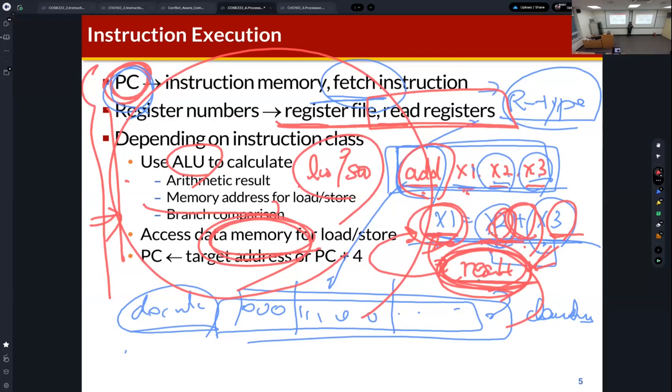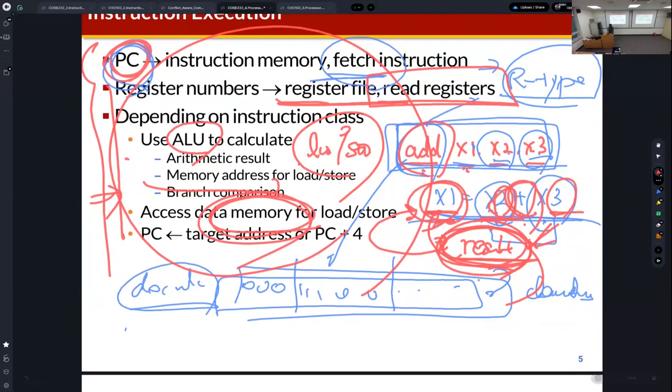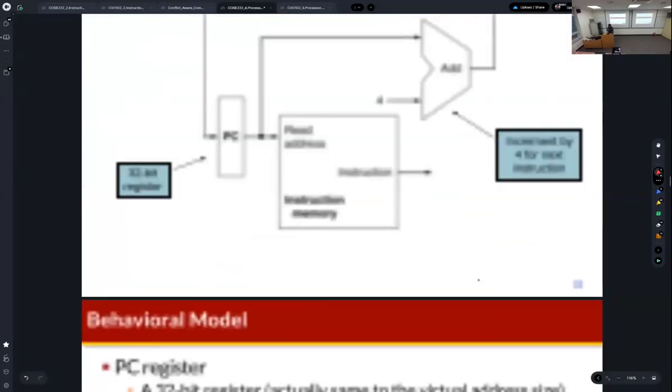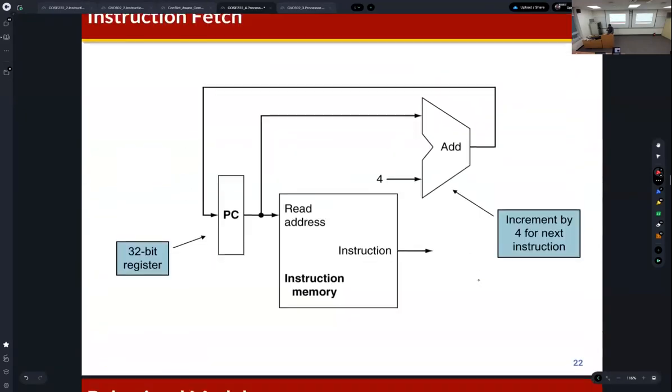And in order to build a hardware system for executing instructions, obviously we need to design hardware components that can perform these steps. Okay, so I will explain step by step for designing datapath elements in this file.